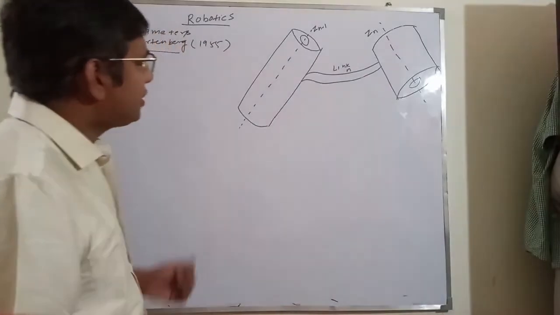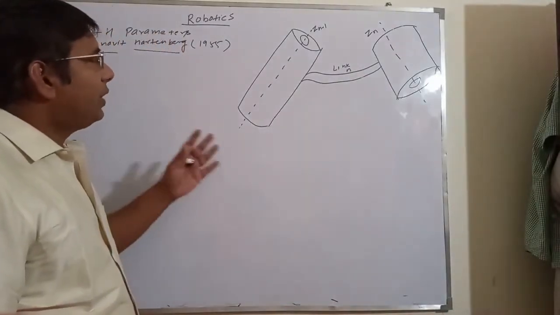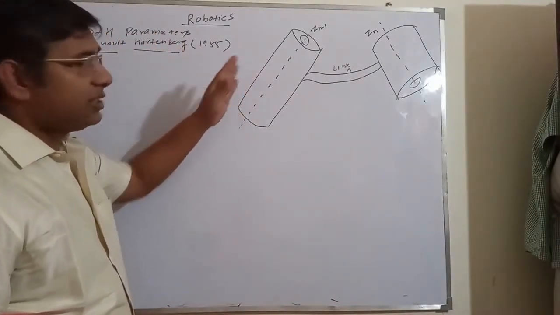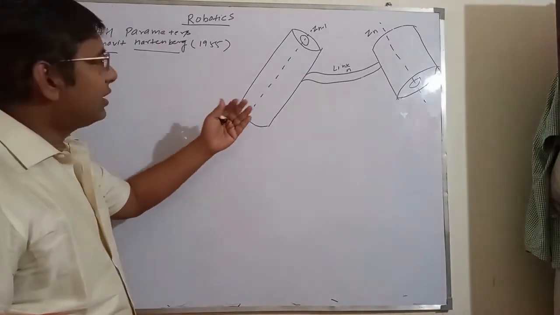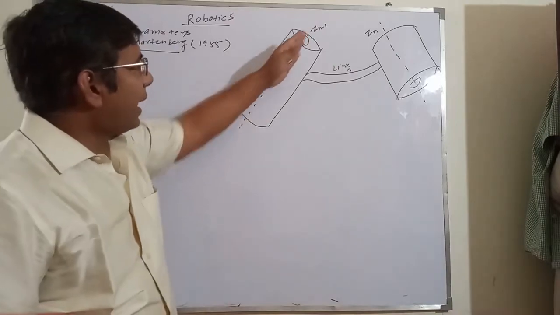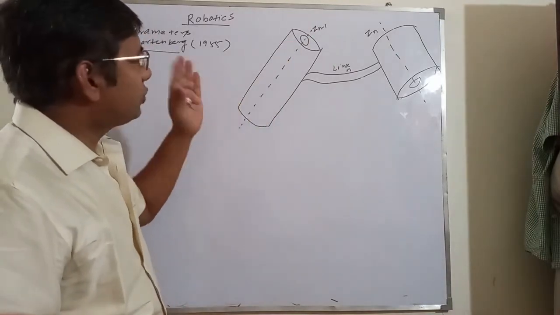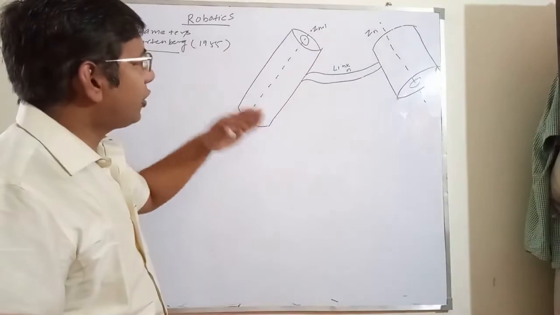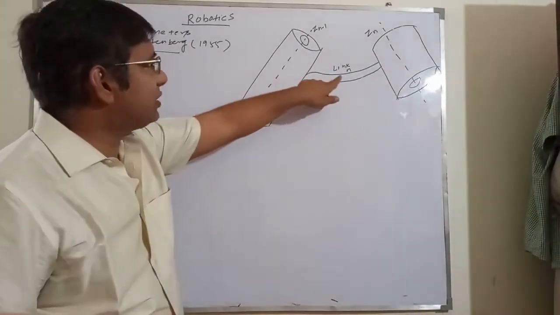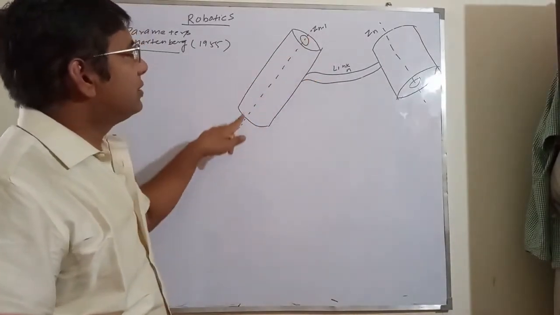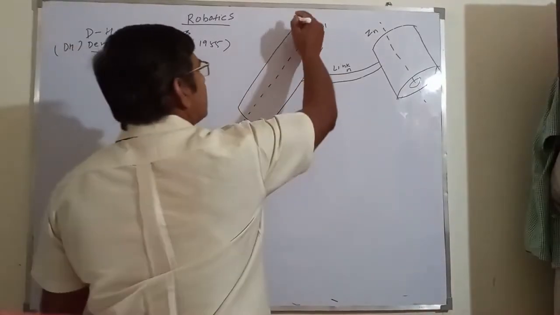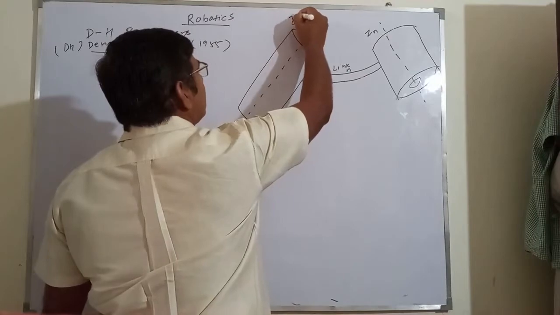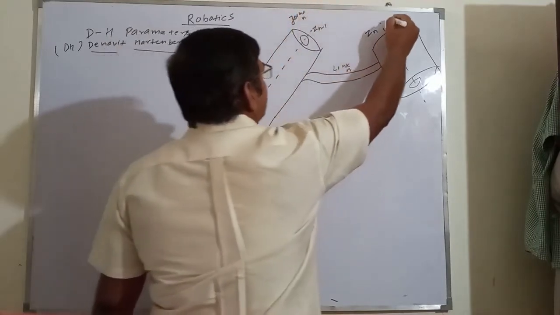So the first step is to write the z axis, and the z axis is nothing but the axis of the joint, the rotary axis of the joint. If this is the link n, then it will be Zn-1. This is joint n and joint n+1.